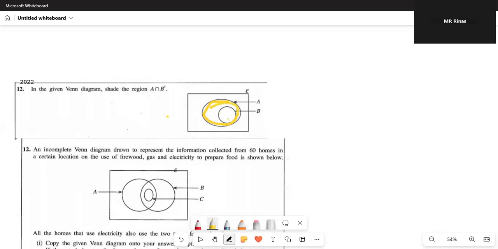So you have to shade the portion A. So first we have to take this circle A.